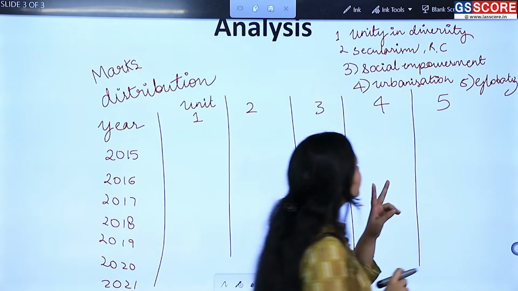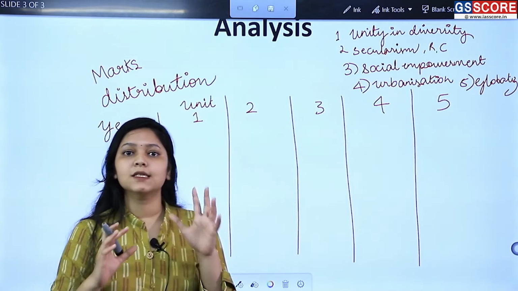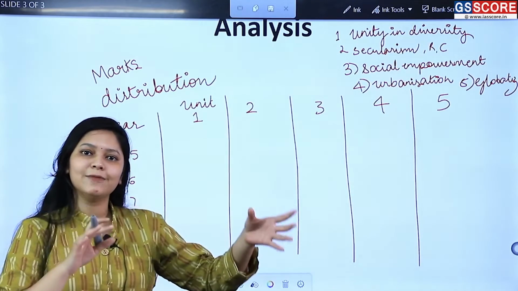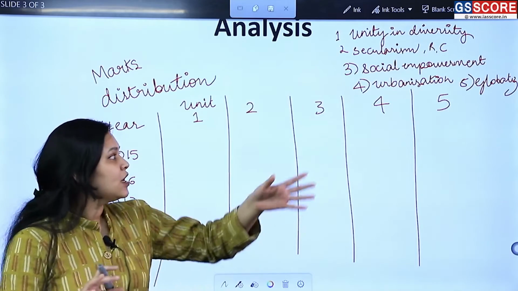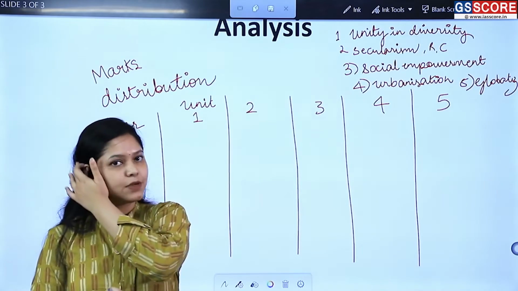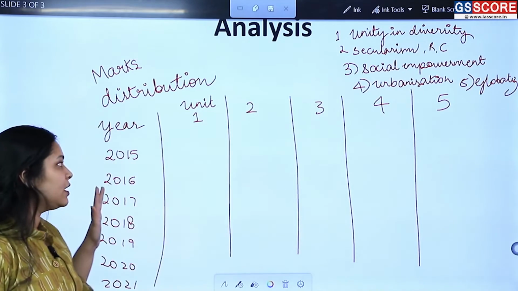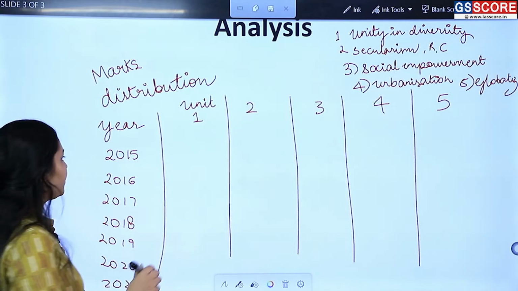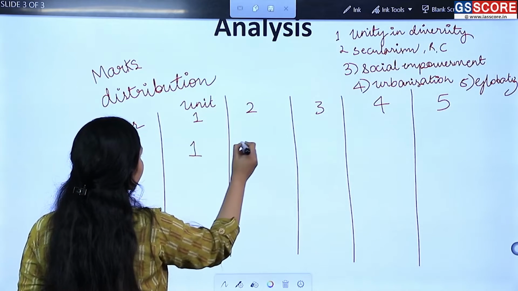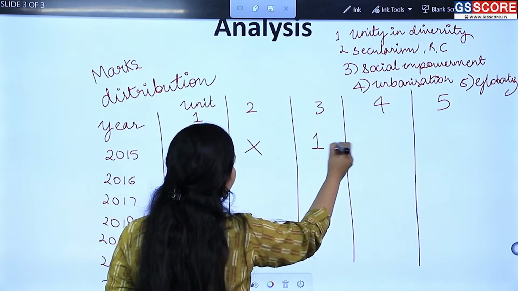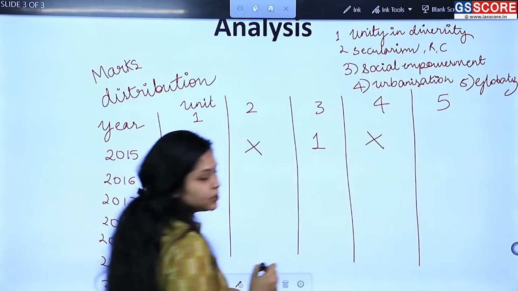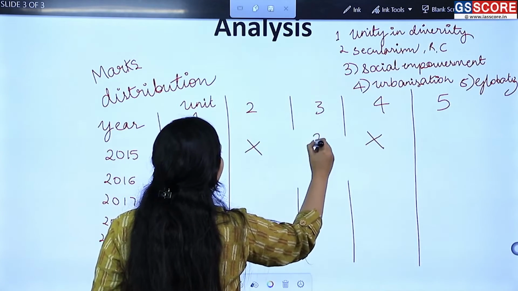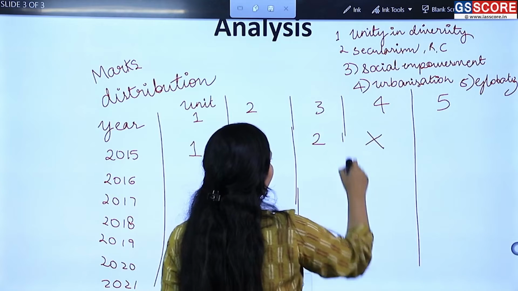Now, there are two ways in which we have understood the syllabus. One is how I deconstructed it to get a composite picture. Two is the syllabus that is given by UPSC. So, this is a broad division of that syllabus, and in this manner, I have divided the kind of questions that have been asked. So, in 2015, one question was asked from Unit 1, one question from Unit 3, and two questions from Unit 3 and 2 from Unit 5.